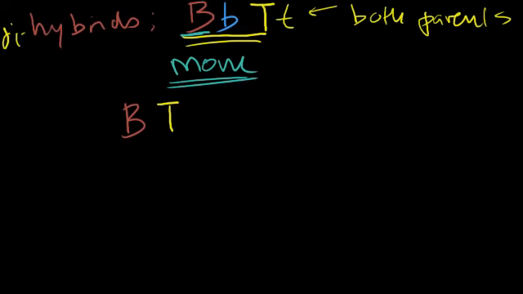Or she could contribute the brown and the little t. Or she can contribute the blue-eyed allele and the big T. These are all the different combinations that she could contribute. And then the final combination is the blue eyes and the small teeth. So that's for mom.